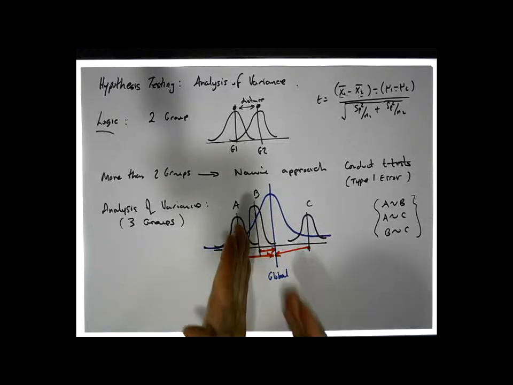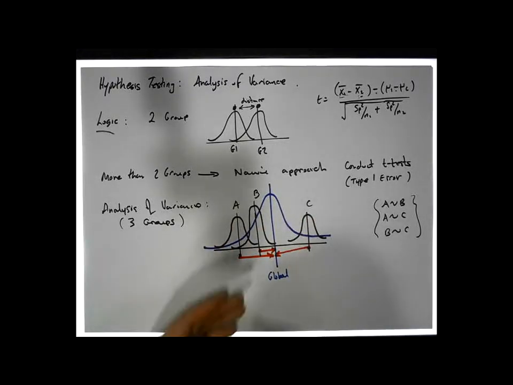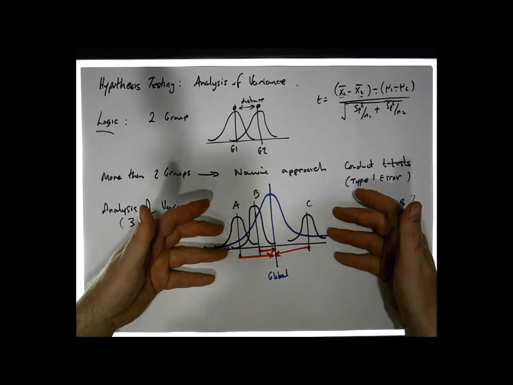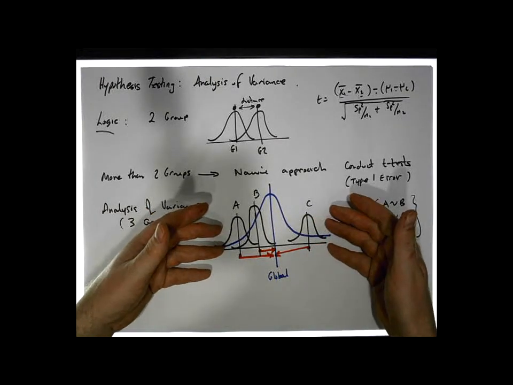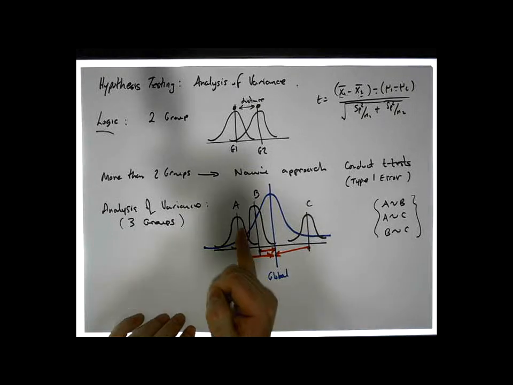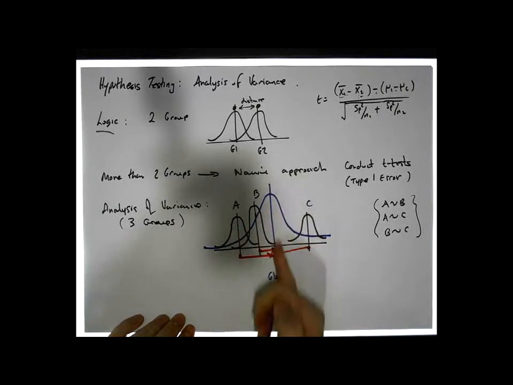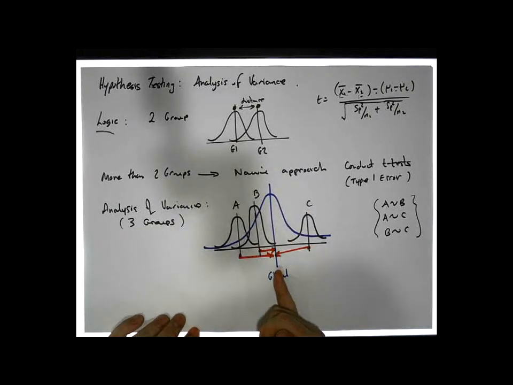Let's say we calculate the average of those distances. So now we have this concept of the average distance that the centers of our distributions are away from this global center position.